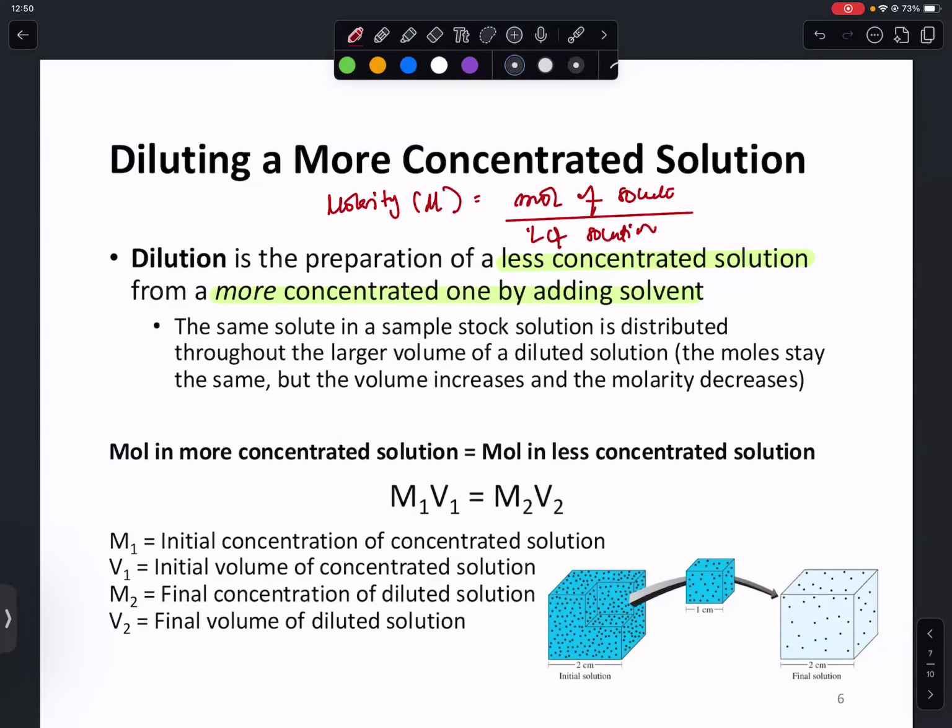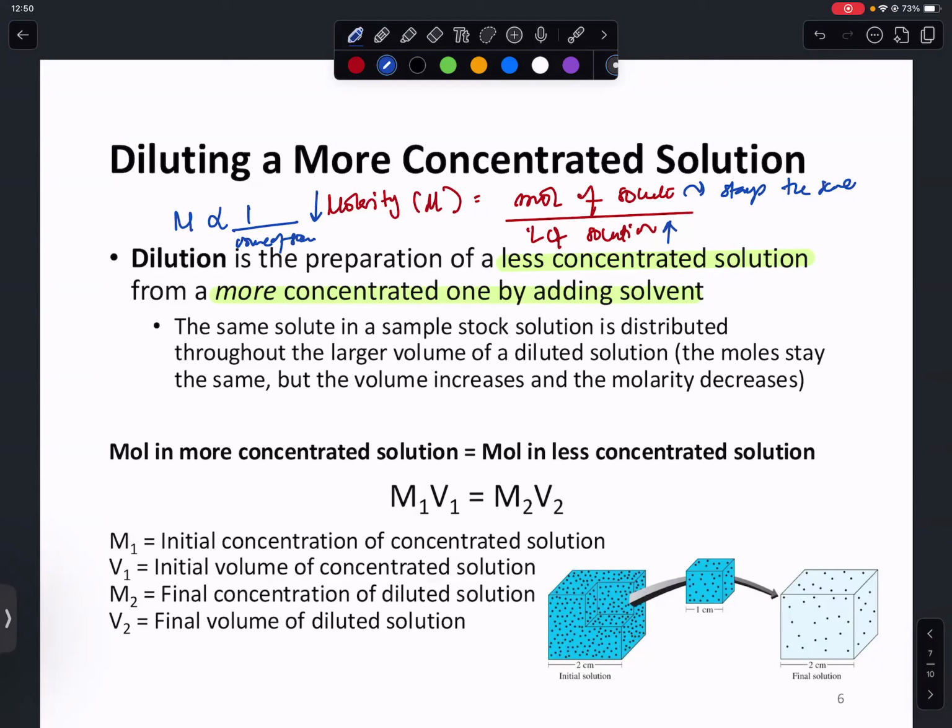The moles stay the same, and the volume increases. Since molarity is inversely proportional to the volume of solution, the molarity goes down and the solution becomes diluted.